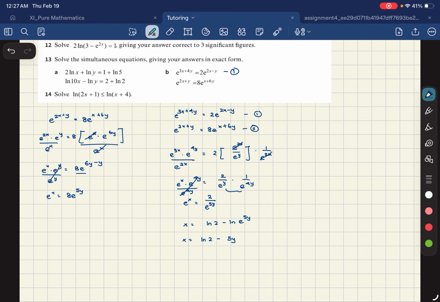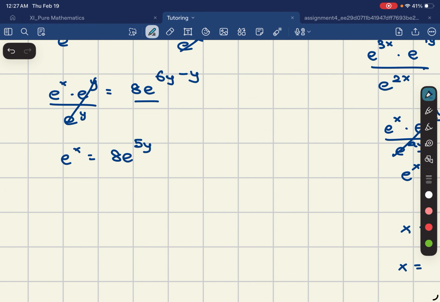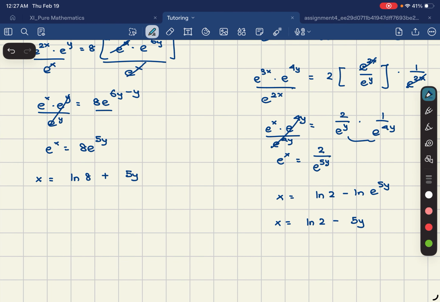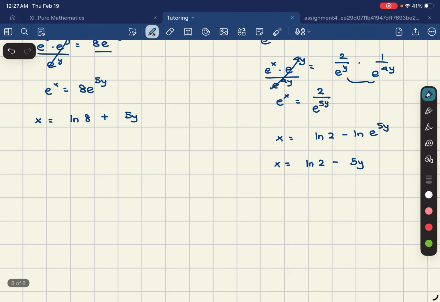And you can take this a bit slow, or you can rewind to digest the steps that I did in quick succession. So now I can take the natural log of both sides and I get x is equal to ln 8 plus 5y. So this, I think, is what it simplifies to.